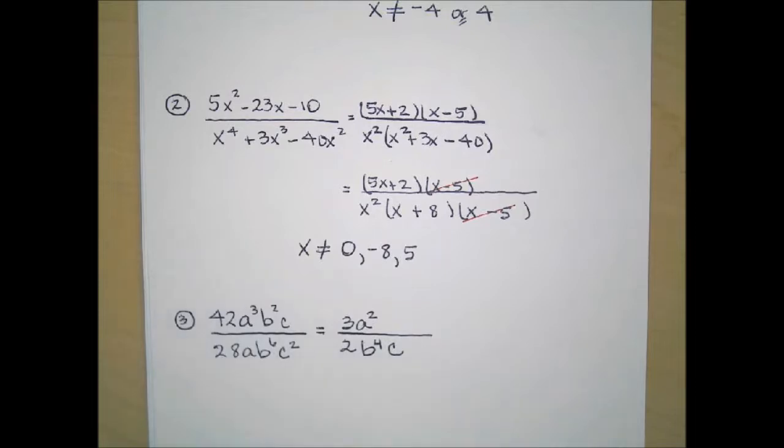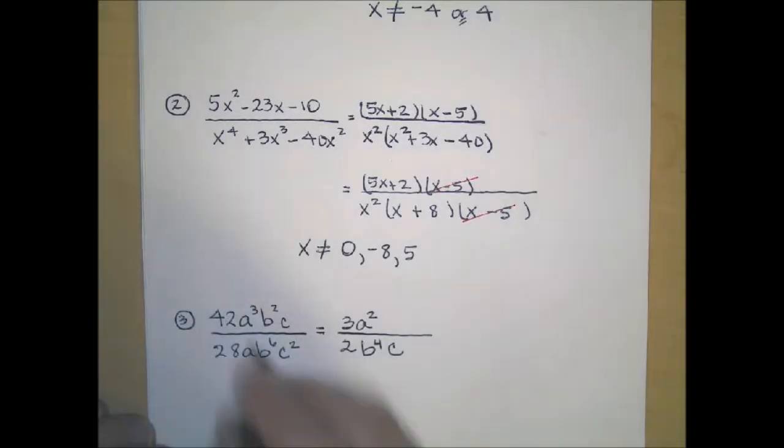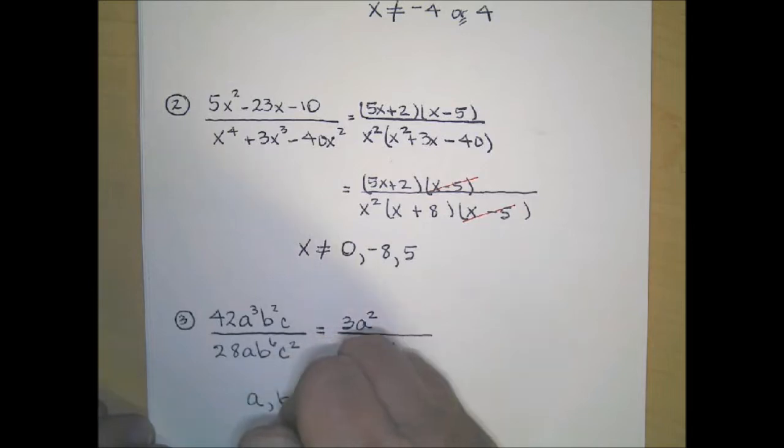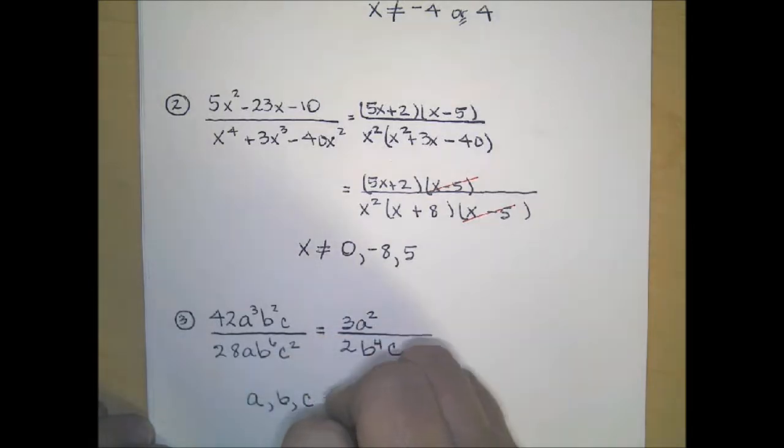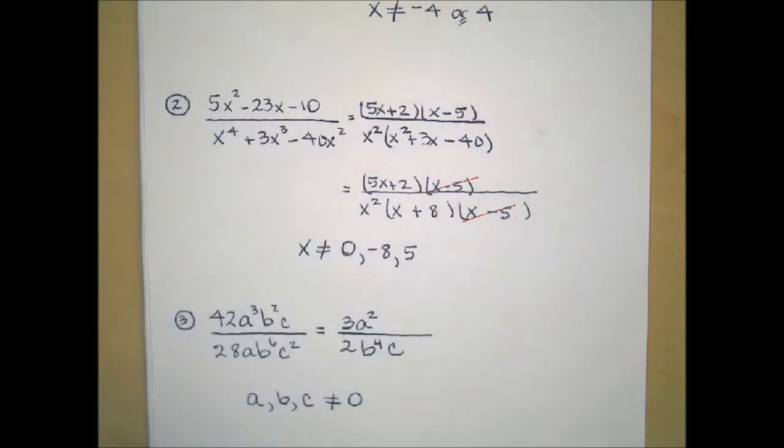But now let's get back to the restricted values of x, or the excluded values of x. Well, there isn't an x. It would just be a and b and c cannot equal 0. Because if any one of those 3 variables equaled 0, then I would have a 0 in the denominator.